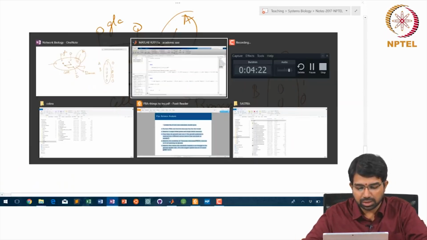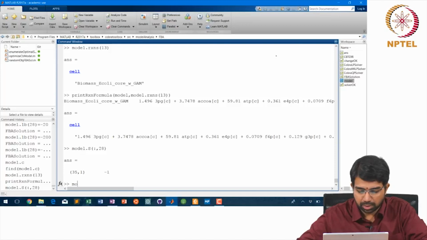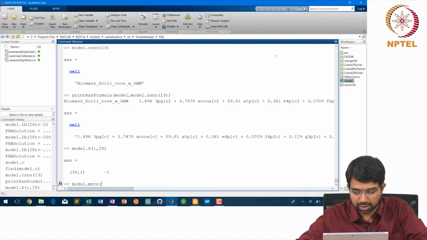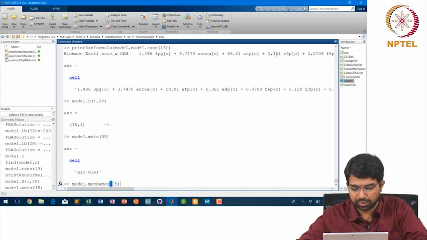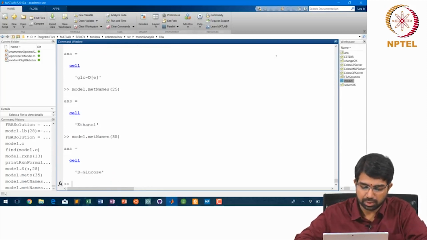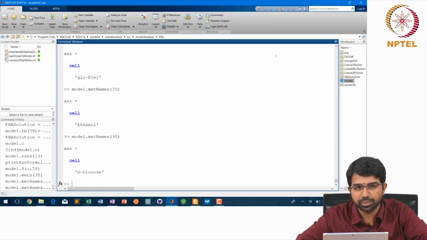So, let us look at what is 35, model.mets(35): glucose external. model.metNames(35): D-glucose.